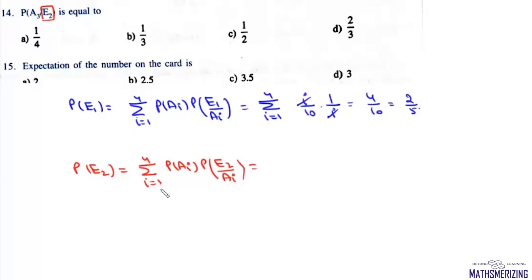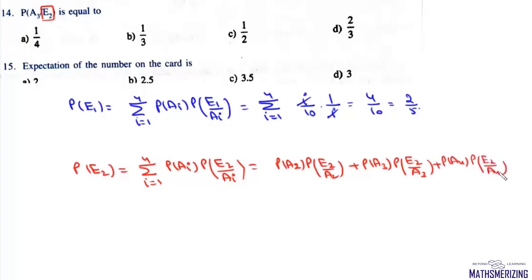So we cannot get anything from this first box. So this first probability will be 0. So now we are left with P(A2) times P(E2 given A2), P(A3) times P(E2 given A3), and P(A4) times P(E2 given A4).